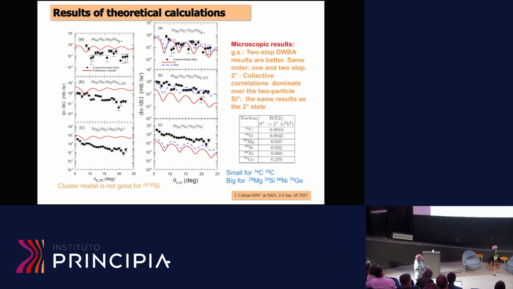In the case when the sequential one is dominating, the B2 is larger. So it is connected to the collectivity of the state. When you transfer two particles, there are more than two particles contributing to the correlation, not just the two particles. So the main contribution to the wave function of this state is not two particles, but more particles are contributing to that.